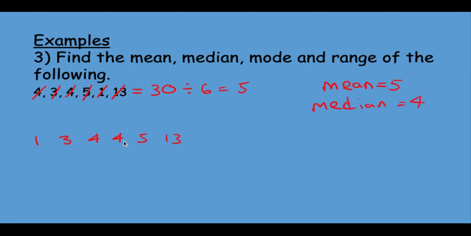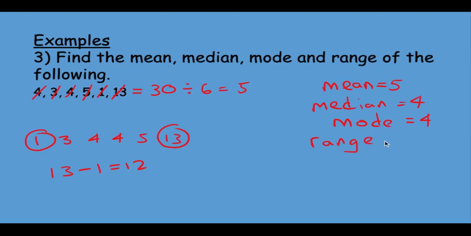We can see there's 2 4s, there's only one of everything else, so our mode is also 4. And then our biggest number, take away our smallest number. So we know we've got a range of 12. Let's look at our last example now.